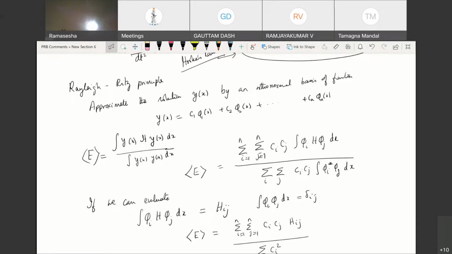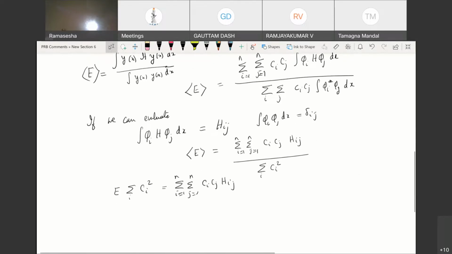To minimize this, since varying the function of x is equivalent to varying the coefficients C1, C2, etc. Almost like what we did with only one particular function of x, instead of that we are now having a series of functions.